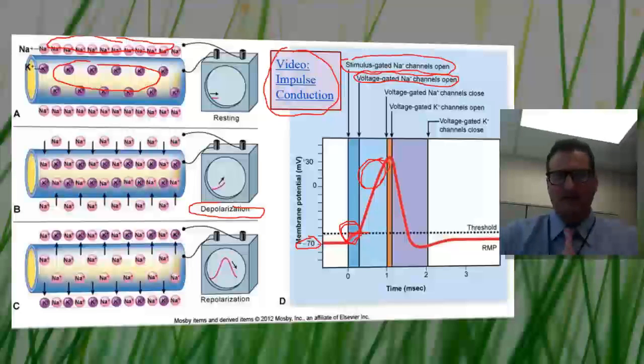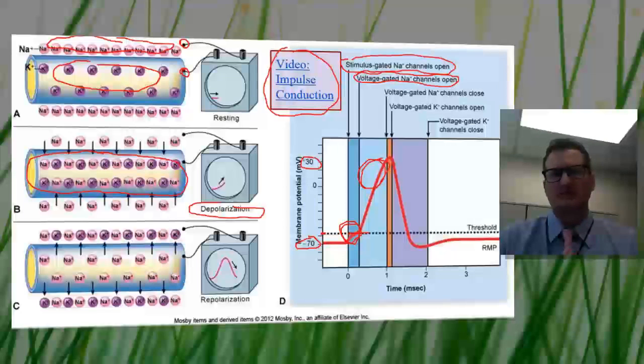This creates a positive voltage change. So it goes from about minus 57 here at threshold all the way to plus 30 millivolts. This is measuring the voltage on the inside of the cell relative to the outside. You can see that one electrode is on the inside and one is on the outside.